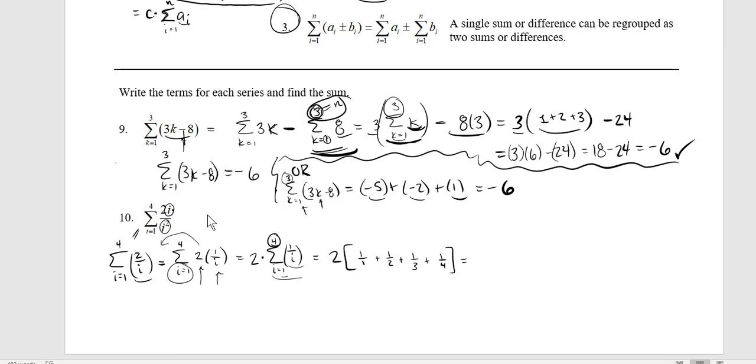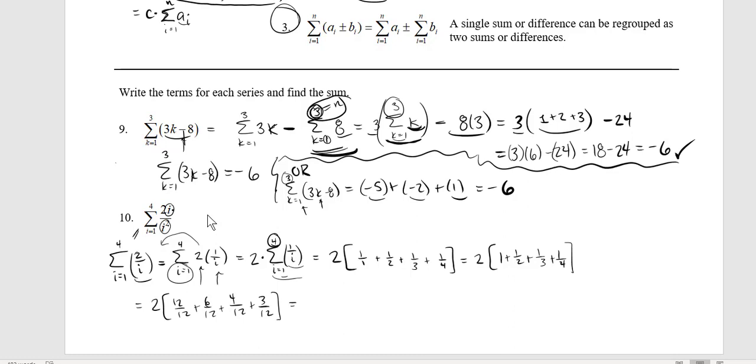Looks like I get 1 plus a half plus a third plus a fourth. Do this how you like. I'll add these fractions myself. Looks like I get 12 twelfths plus 6 twelfths plus 4 twelfths plus 3 twelfths.